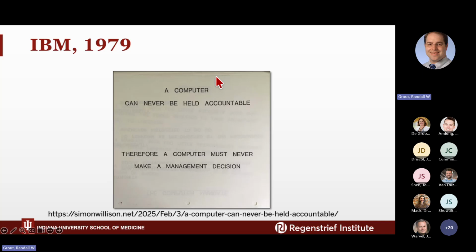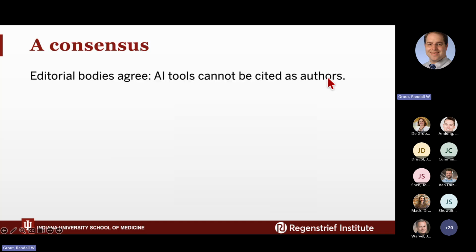And it says, and this is traced back to a presentation at IBM in 1979, a computer can never be held accountable. Therefore, a computer must never make a management decision. So even at that time, there were concerns about how much autonomy or liability or accountability a computer could have. Well, we have similar things nowadays too.